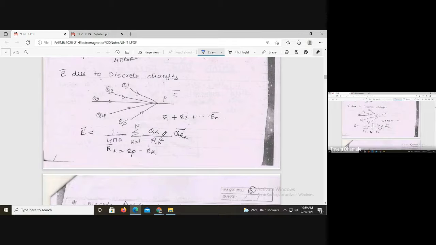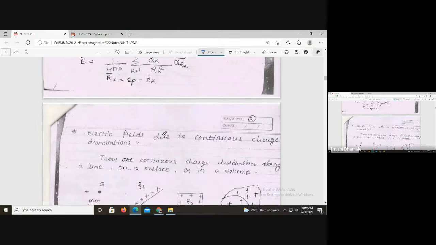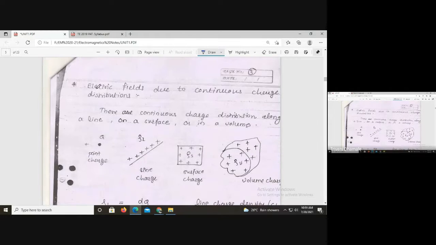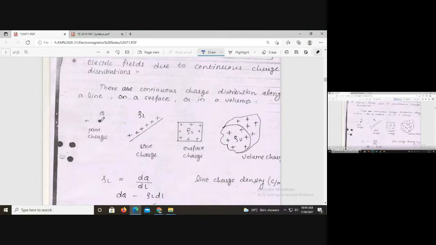Now we will learn different types of charge distributions. Electric field due to continuous charge distributions: as I already told, we have the point charge, denoted by plus Q. Then line charge, where positive charges are distributed along a line, known as the line charge.